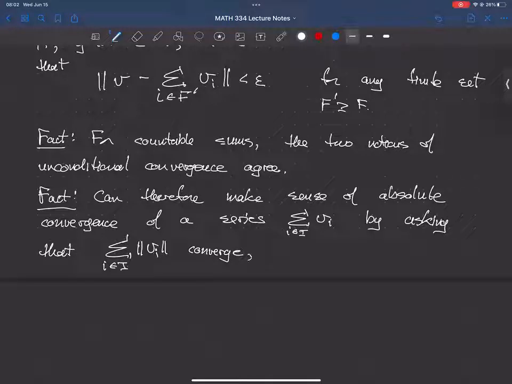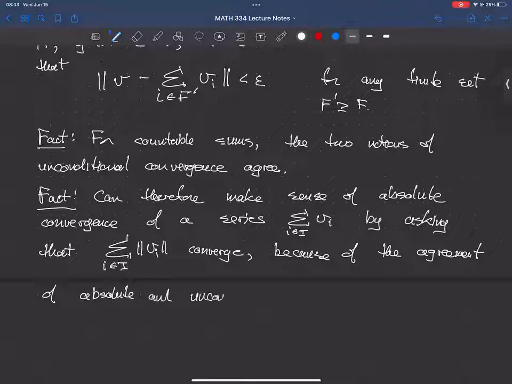It makes sense because of the agreement of absolute and unconditional convergence in finite dimensions.